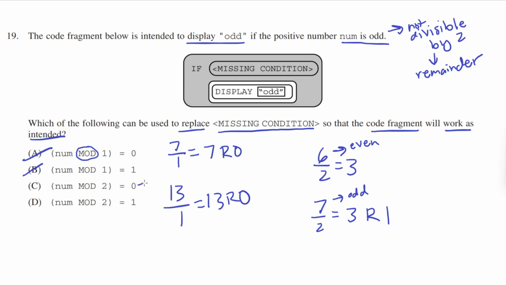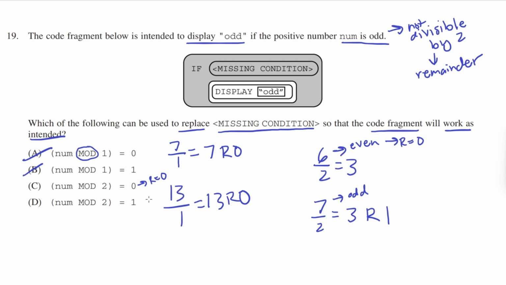C says num modulus 2 equals 0. So what this means is that when you divide num by 2, the remainder equals 0. And we know that when the remainder equals 0, that means that the number we're dealing with is even.